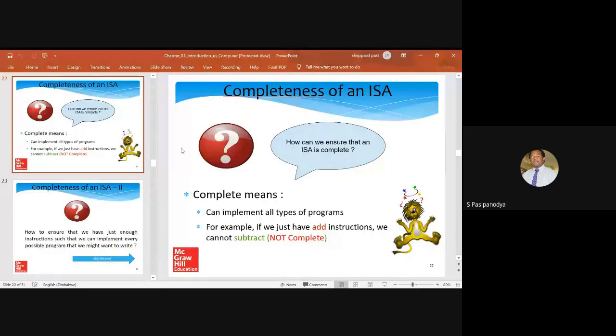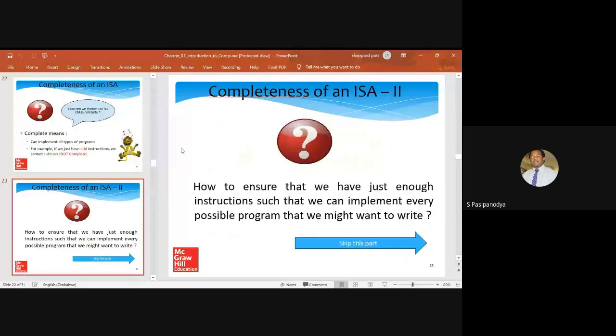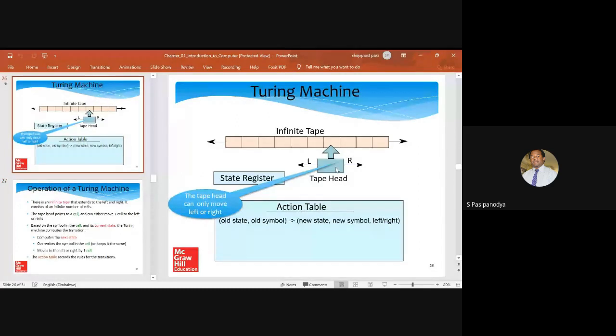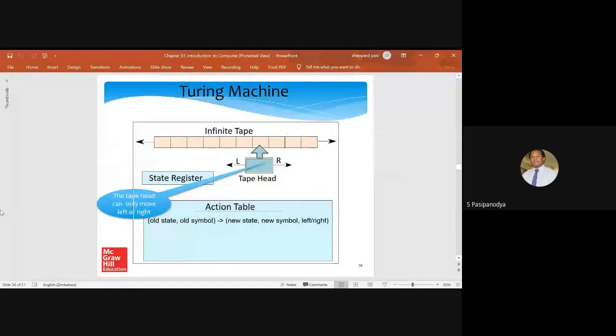So you realize that the Turing machine is almost similar. This head that you see within the diagram has a capability of moving to the left or to the right of the infinite tape. So if we decide to move to this block, nothing has changed because the head is already there.